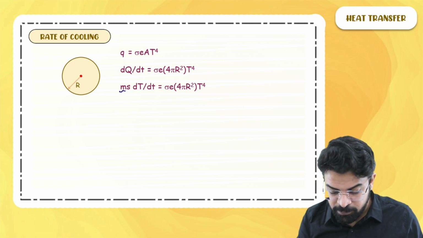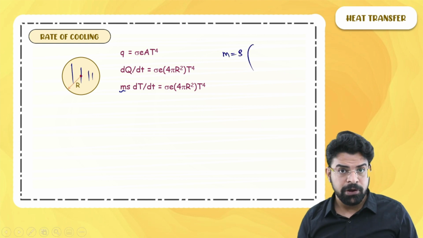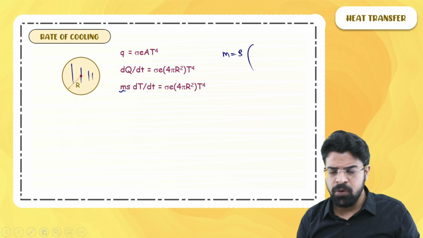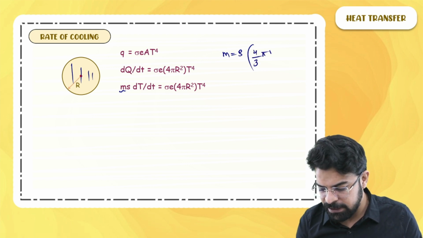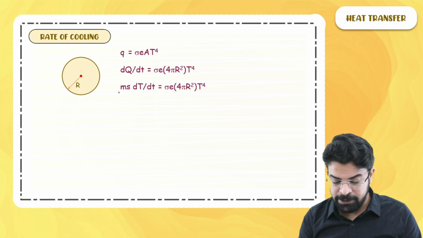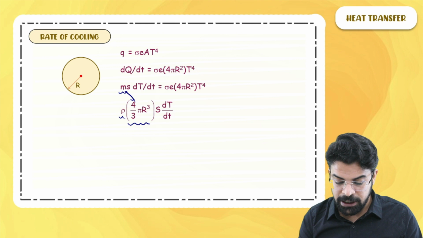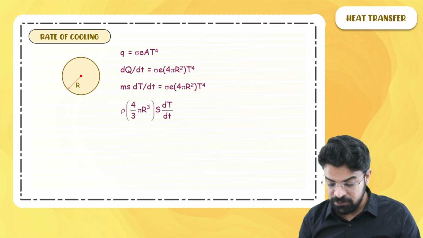Now in place of mass of this sphere, you can write density of sphere into volume. The density of sphere, let's say rho, and the volume is 4 by 3 pi r cube. So once you substitute it, the left hand side becomes density into 4 by 3 pi r cube, that is mass, into the specific heat into the dT by dt. So what is this dT by dt?